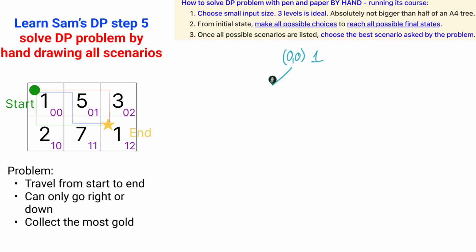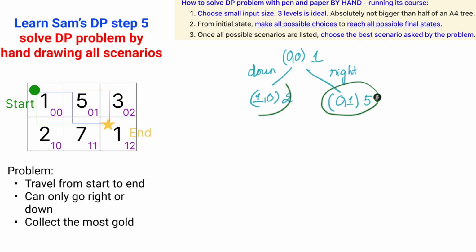One is down, and one is right. So if we go down, we have 1, 0 with 2 goals. And if we go right from here, we have 0, 1 with 5 goals.